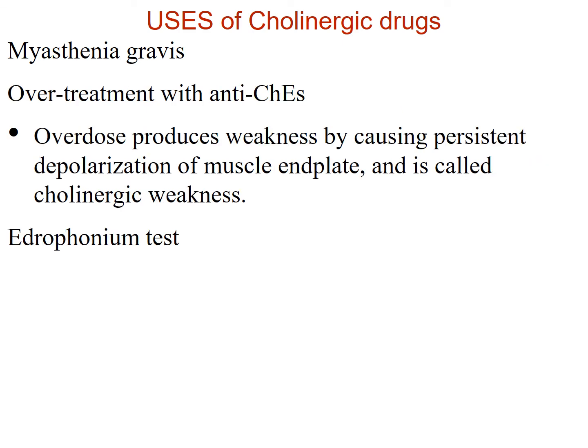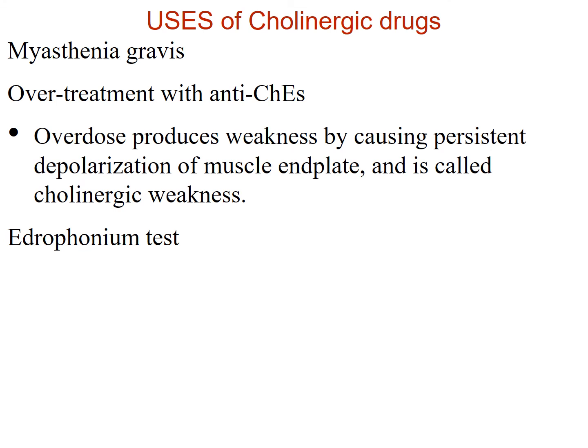Now, when there is overtreatment with anticholinesterases because of overdose, this leads to weakness of the muscles because of persistent depolarization, and this weakness is the cholinergic weakness. Now here comes the role of edrophonium, which we have already seen as a diagnostic tool for myasthenia gravis.